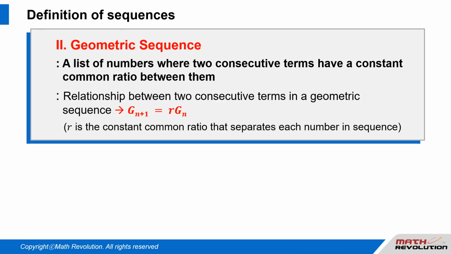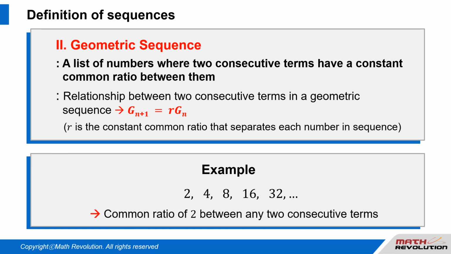Geometric sequence. A geometric sequence is a list of numbers where 2 consecutive terms have a constant common ratio between them. The relationship between 2 consecutive terms in a geometric sequence is given by g of n plus 1 equals r times g of n, where r is the constant common ratio that separates each number in the sequence.